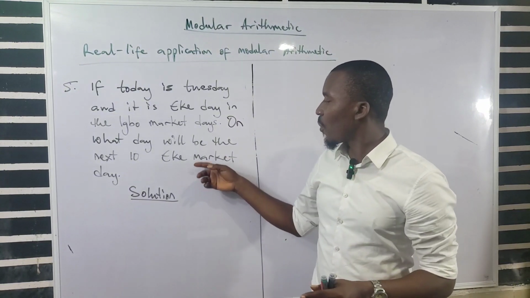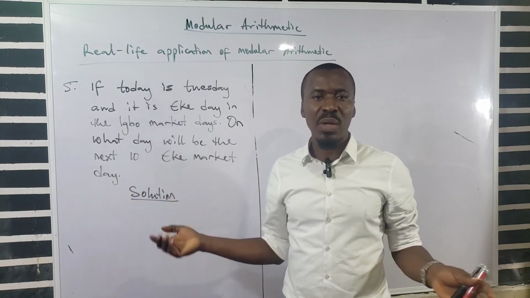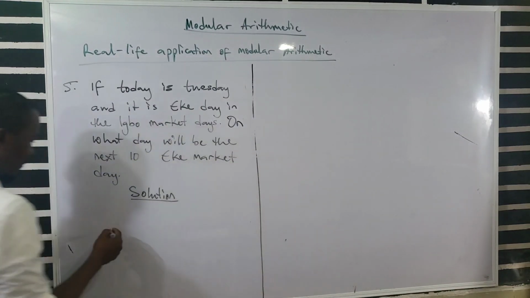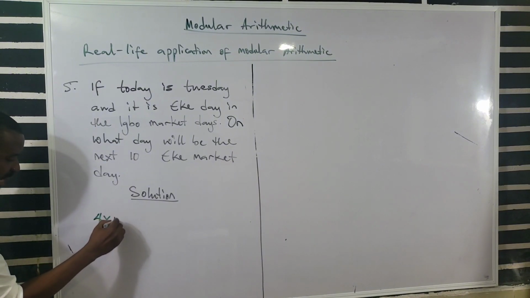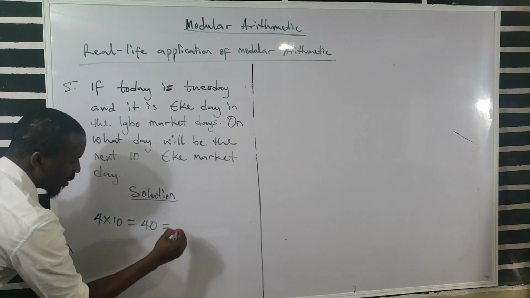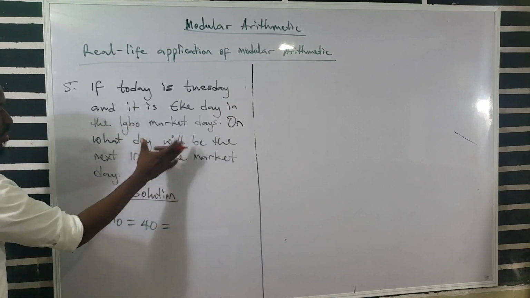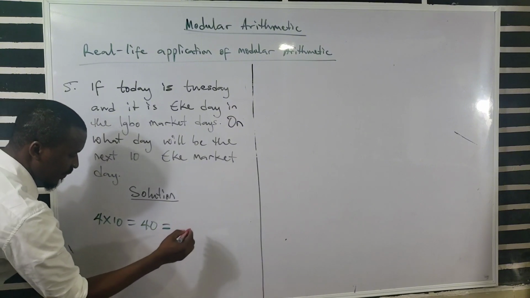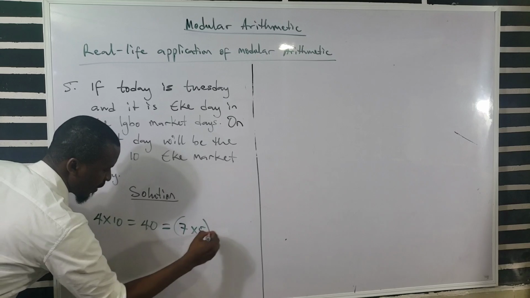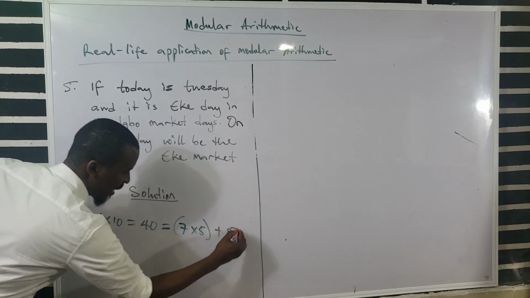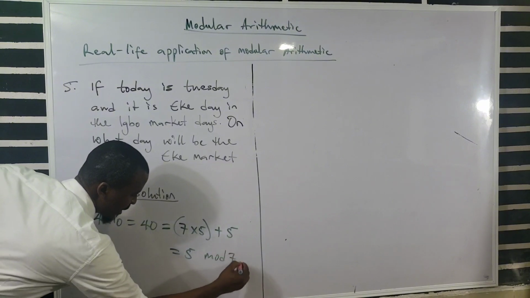So if we are looking for the next 10 days, we are looking for the next 40 days. So we take our modulo: 4 times 10, which equals 40, modulo 7. Of course, that's the number of days. So that will give us 7 times 5, which is 35, plus 5. That will give us 5 modulo 7.